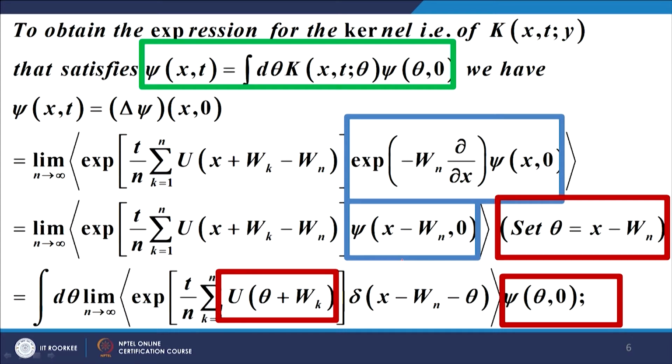The rest is simplified. X minus Wn is written as theta. So it becomes u of theta plus Wn, and now psi, which was written as psi(x minus Wn, 0), now becomes psi(θ, 0), and we have the expression for the kernel.